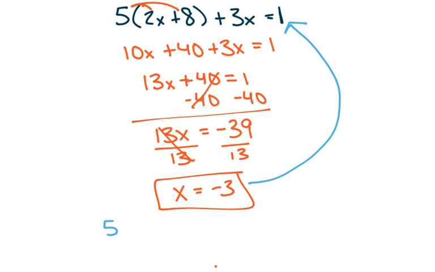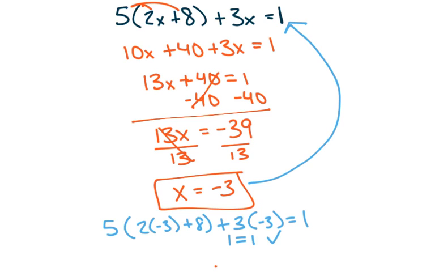It would look like this: 5 times (2 times -3 plus 8) plus 3 times -3 equals 1. If you work this out by hand, you end up with 1 equals 1, which is a true statement. That tells you that this is a solution. Once you calculate your answer, you know that you've got it correct. You verified that, and so you know that's your solution.